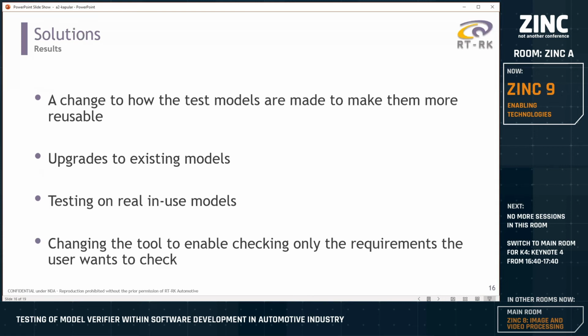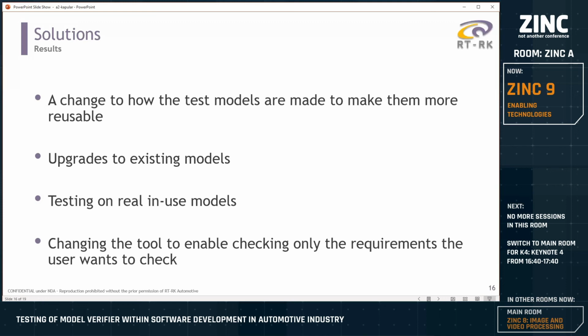So how do we fix some of these problems? Well, we could change how we make the models in the future to make them more reusable. For example, making them in such a way that they conform to most of the requirements defined in the SDG.